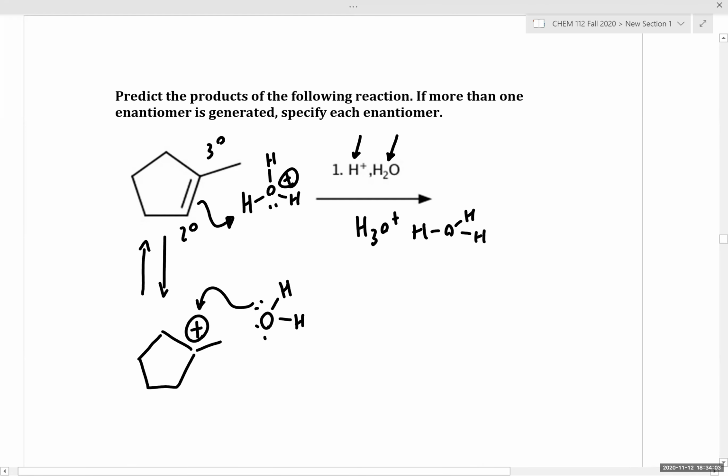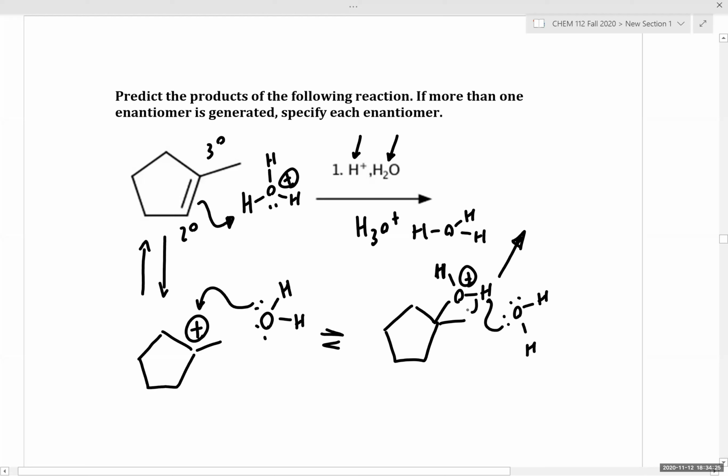So water is going to attack our carbocation, and in turn, we're going to generate this alcohol adduct. And then just so that we're dealing with a neutral final product, water is going to regenerate H3O plus by pulling off our proton.